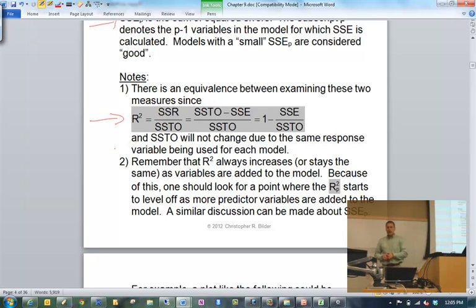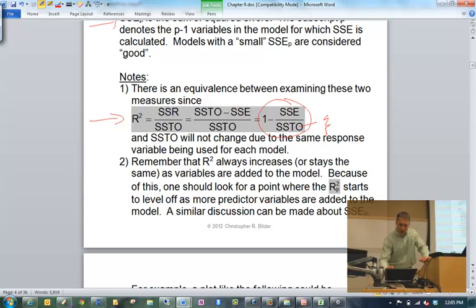Here's why. This is our R squared equation. Rewrite it so that it's 1 minus SSE over SSTO. Now, if you're evaluating a number of different models, is your SSTO going to change from one model to the next? Remember what SSTO looks like.